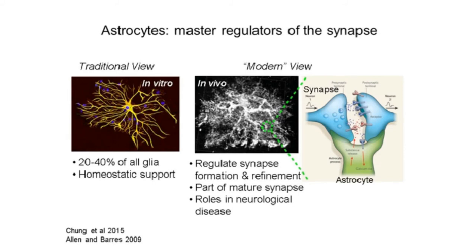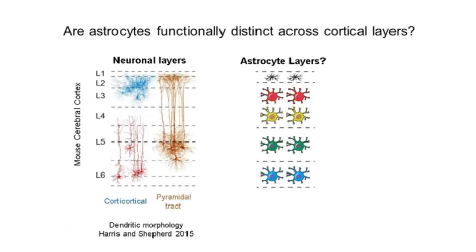astrocytes. So while we now appreciate that astrocytes are very important cells in the brain, we lack a fundamental understanding of astrocyte heterogeneity. While astrocytes are important, the question is, are astrocytes from different parts of the brain specialized to different functions? So in my research, I chose to pursue this question in the cortex.